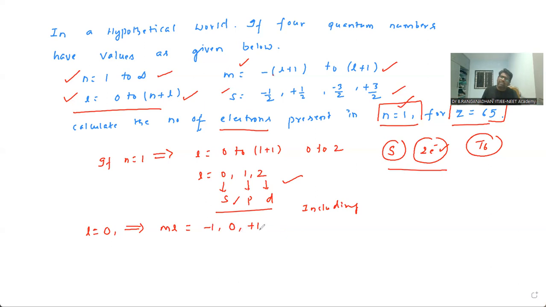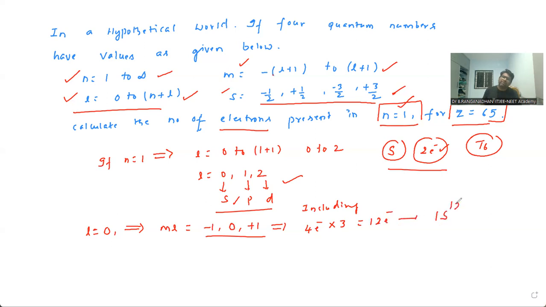So including 0, how many magnetic values? 3. Here the spin quantum numbers given are minus 1/2, plus 1/2, minus 3/2, plus 3/2, so 4 electrons are present per subshell. 4 electrons into 3 subcells is 12 electrons present in the 1s orbital.